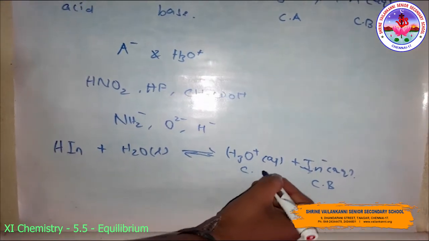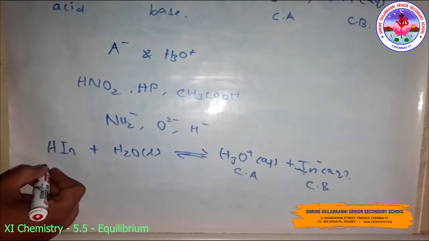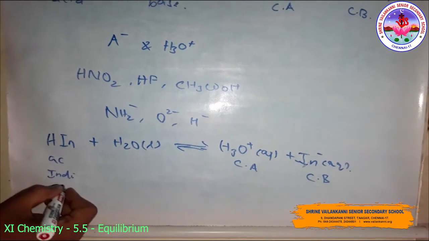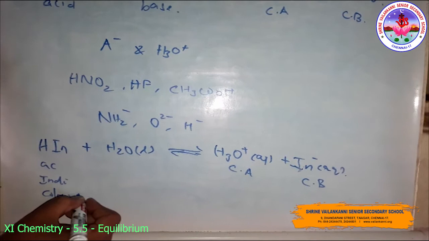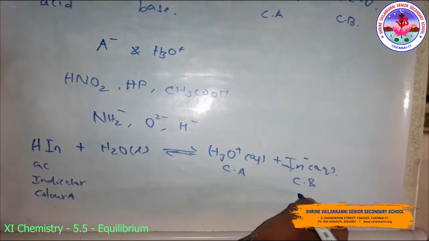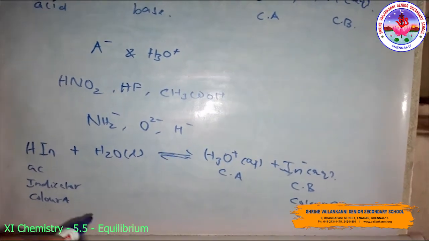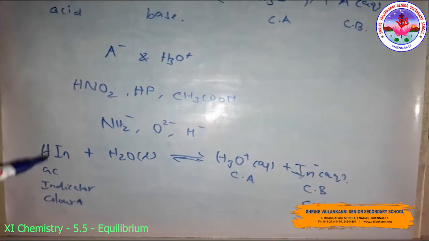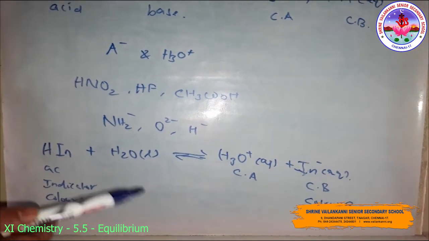This is the conjugate acid, this is the acid indicator with color A, and this is color B. Such compounds are useful as indicators in acid-base titration and in finding out the H plus ion concentration.